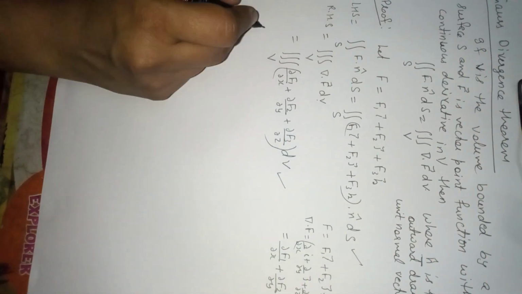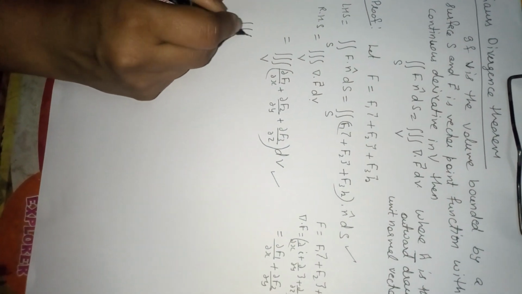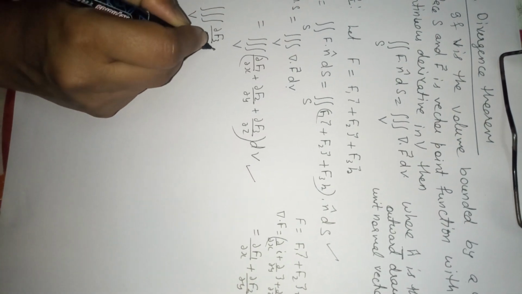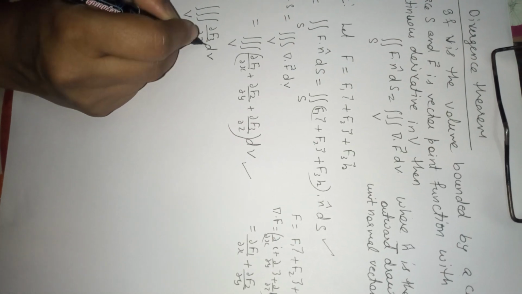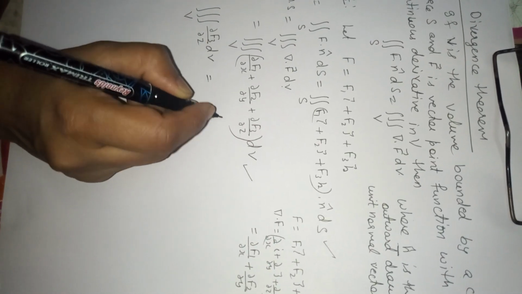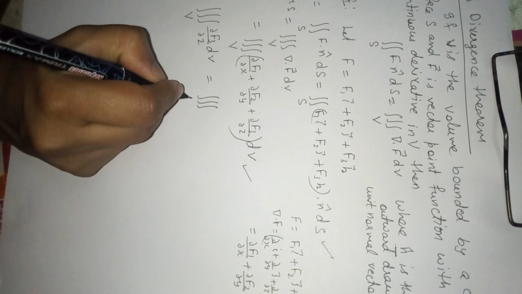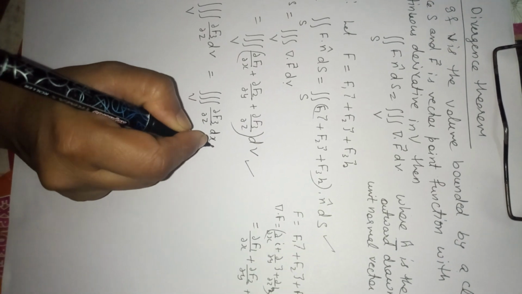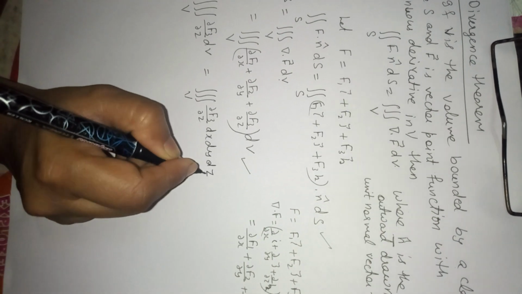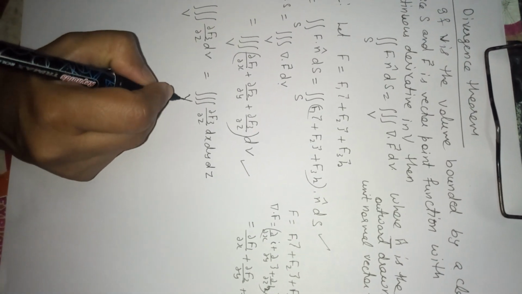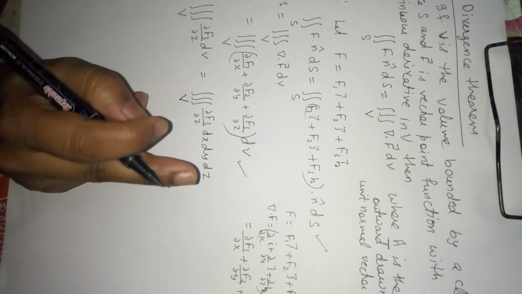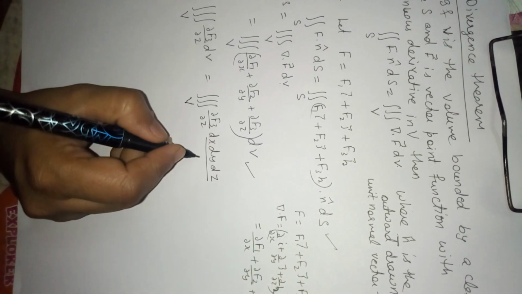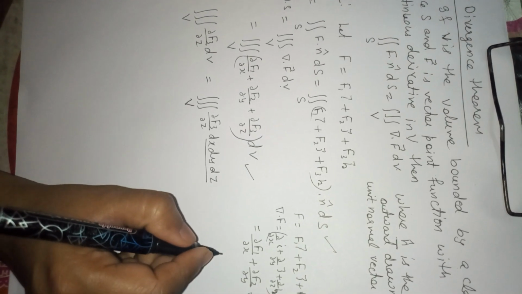First we take the part, the triple integral over V of del F3/del z dV, where V is the volume. We write this as the triple integral of del F3/del z dx dy dz. First we consider the surface.